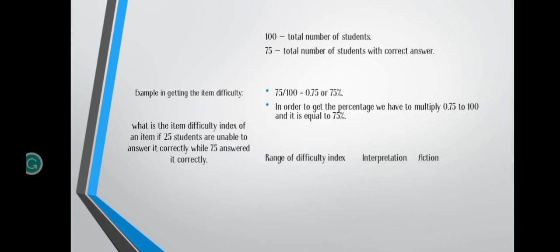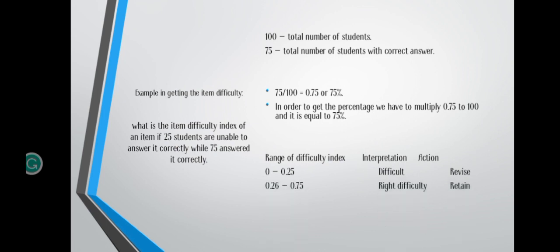So we have the range of difficulty index, our interpretation, and our action. Okay, kapag ang dami ng estudyanteng nakakuha ng tamang sagot is 0, wala, or 0.25, 25% lang sa mga estudyante is nakakuha ng tamang sagot, ibig sabihin mahirap yung test natin. So we have to revise it or discard.